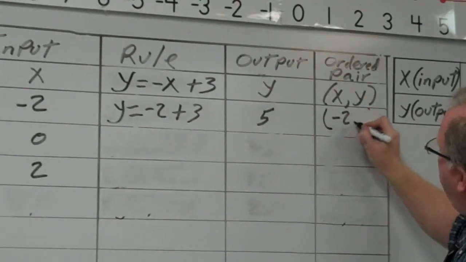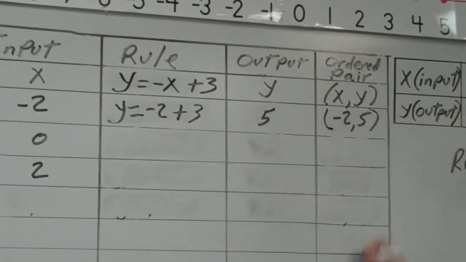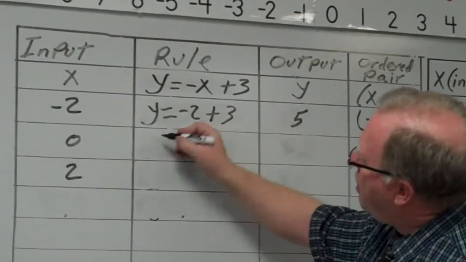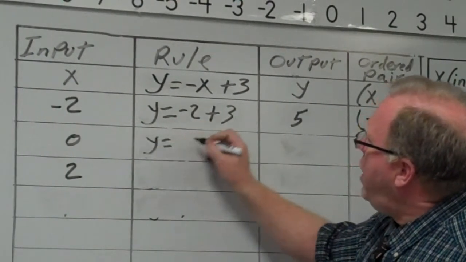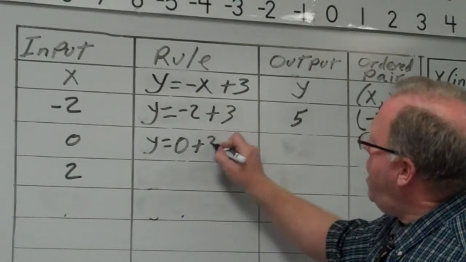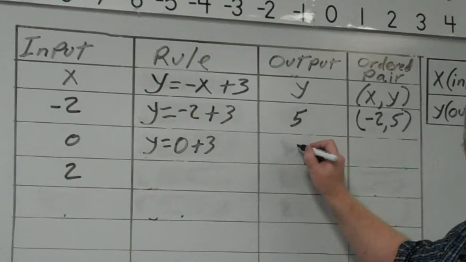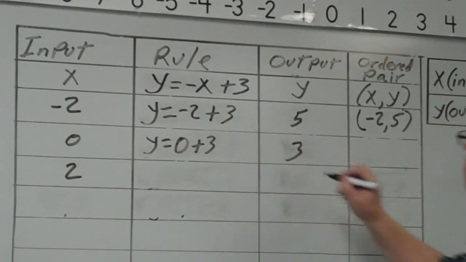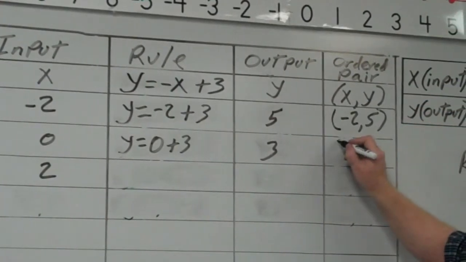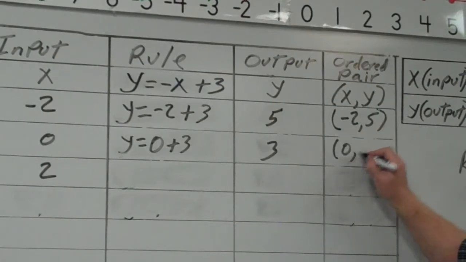So I'm going to write that right here. Then we have 0. I'm going to plug that one in as well. y equals 0 plus 3. And 0 plus 3 is going to be 3. So my ordered pair then is 0, 3.